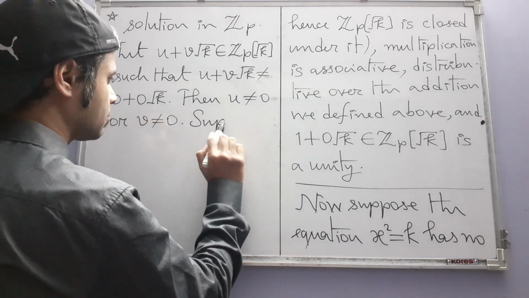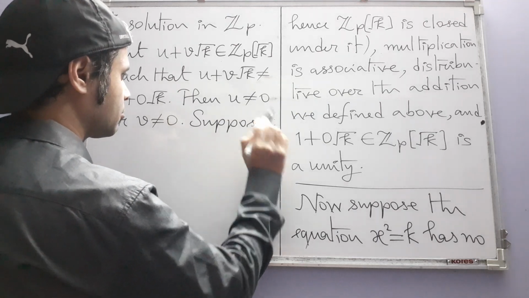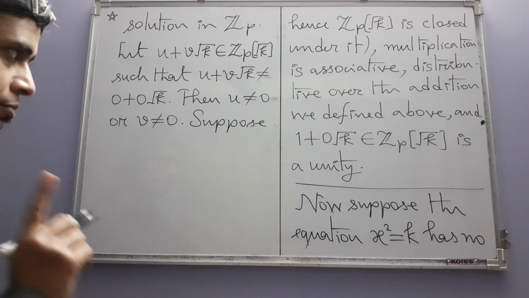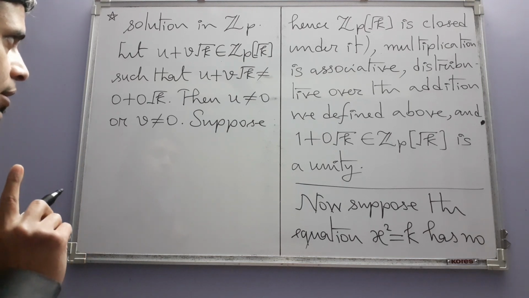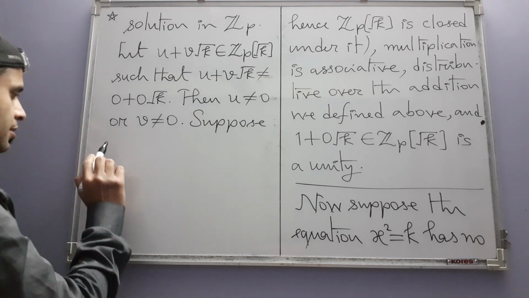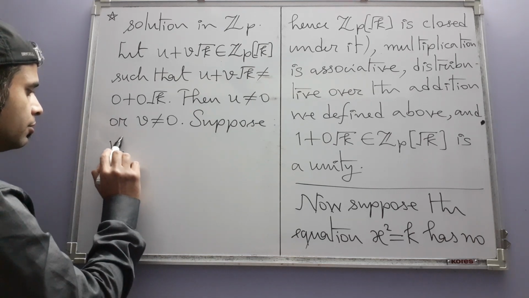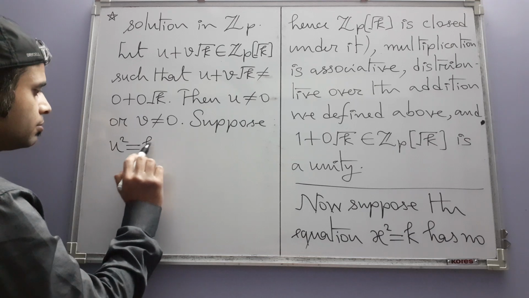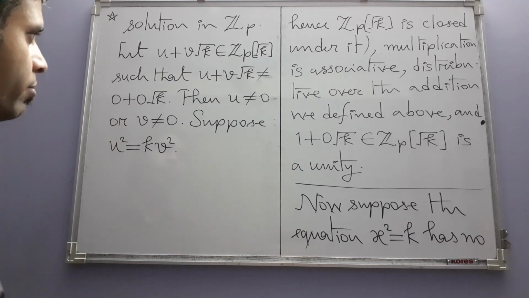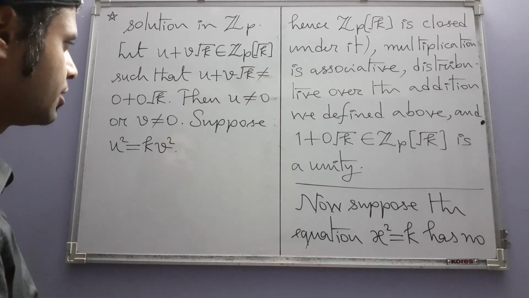Suppose that the thing that we will have here is u square minus k v square. Okay. Suppose u square is equal to k v square.